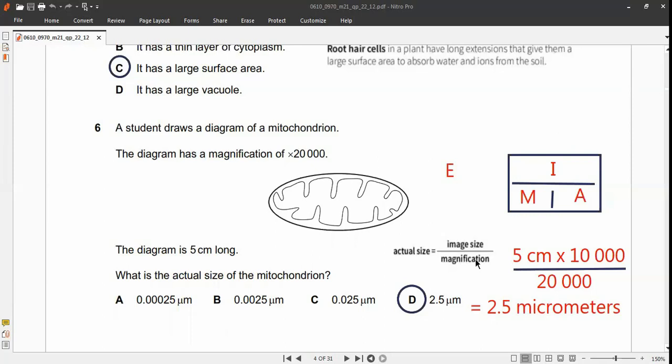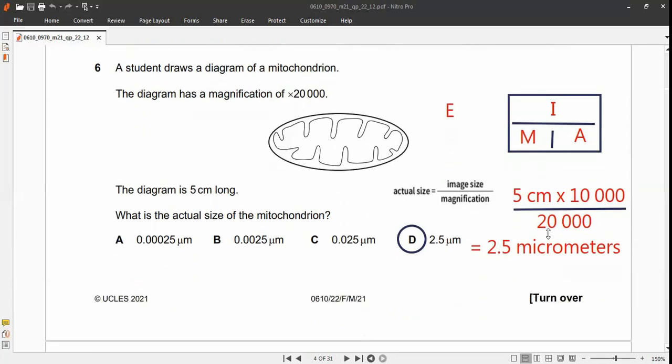But here you have to convert 5 centimeters to micrometers by multiplying by 10,000. So 5 centimeters multiplied by 10,000 to get the answer in micrometers, and divided by the magnification, 20,000. Okay. It will be 2.5 micrometers, which is the correct answer. Focus here.